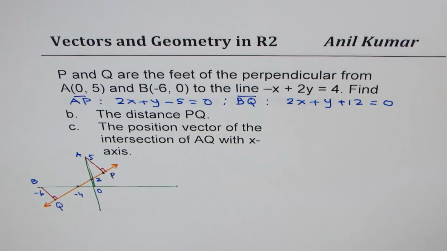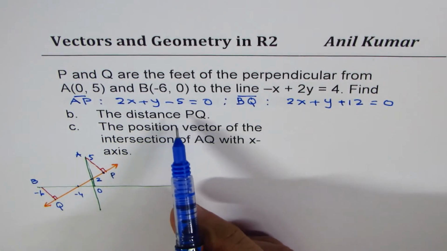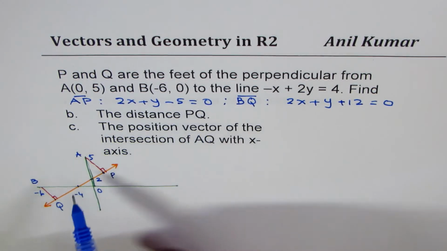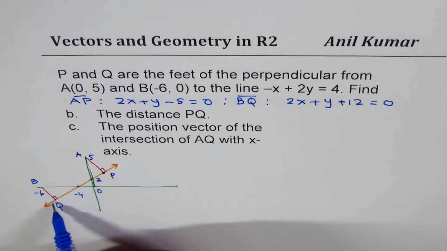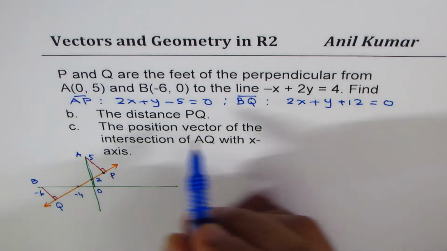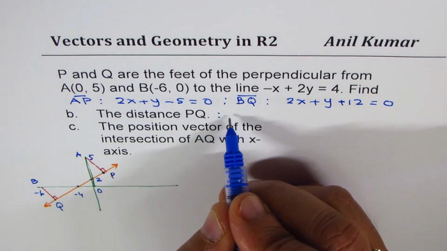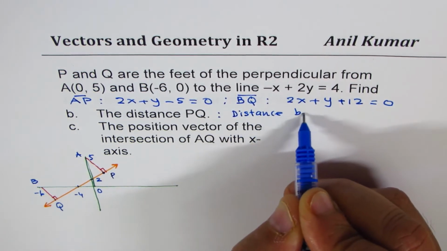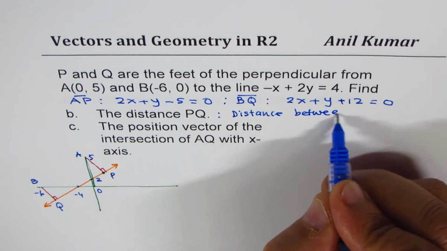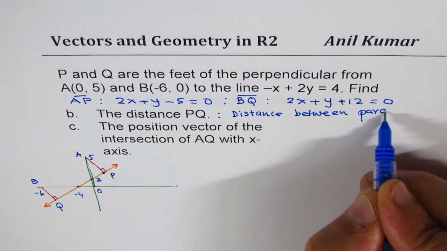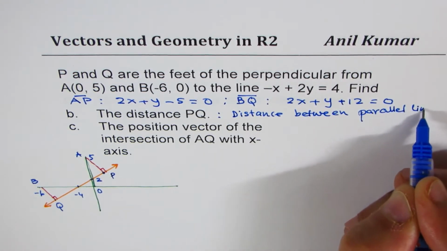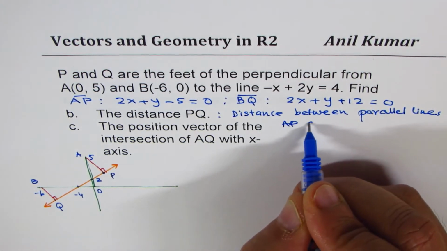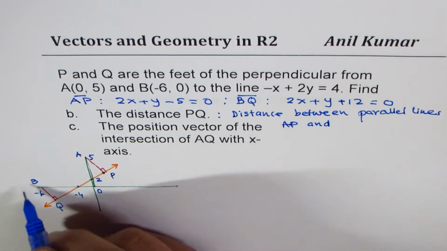So that is how we learned all this in our first part. Now we need to find distance PQ. As you can see, distance PQ is the same as the distance between parallel lines AP and BQ.